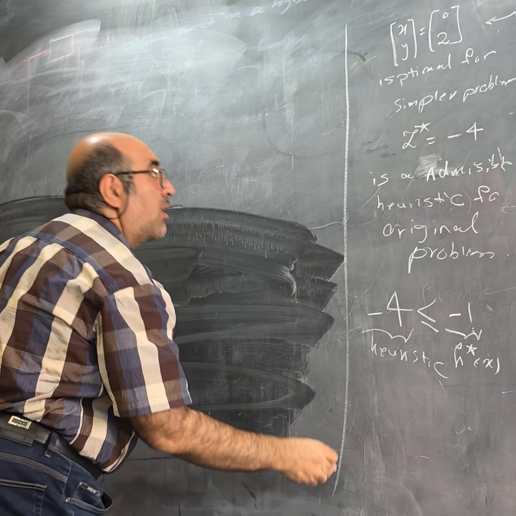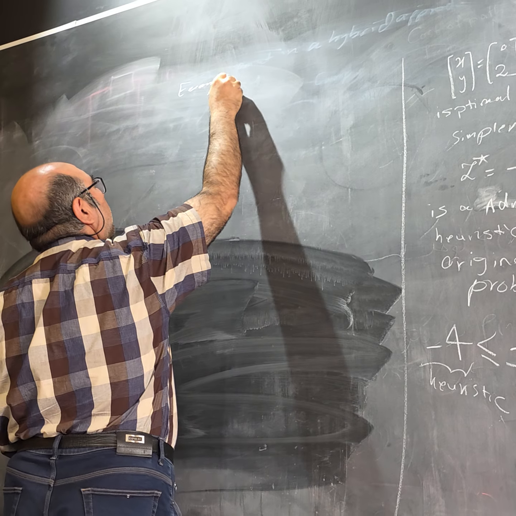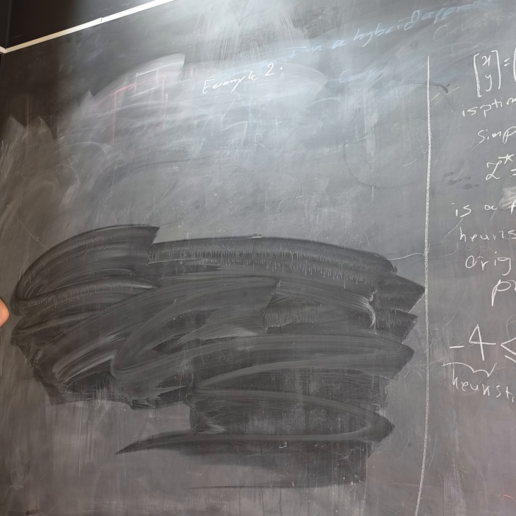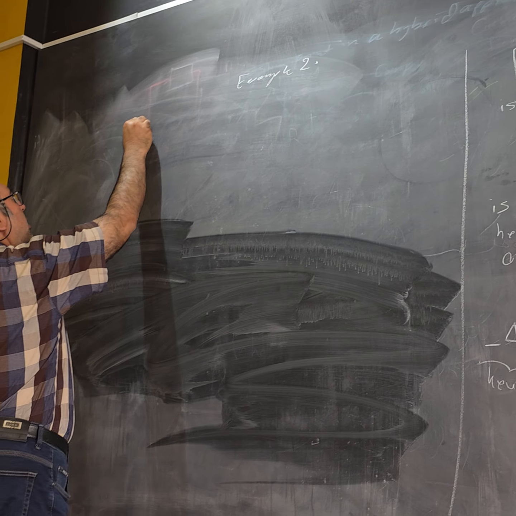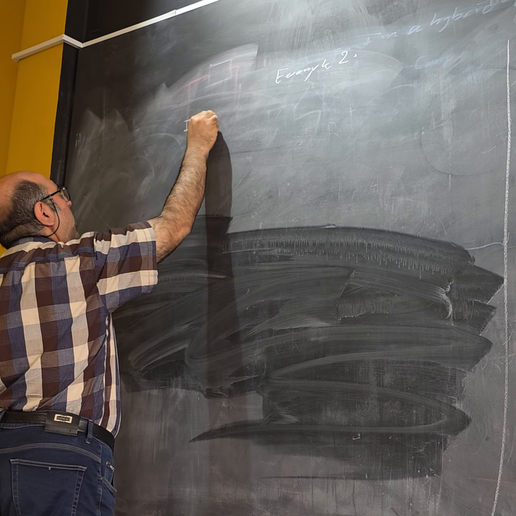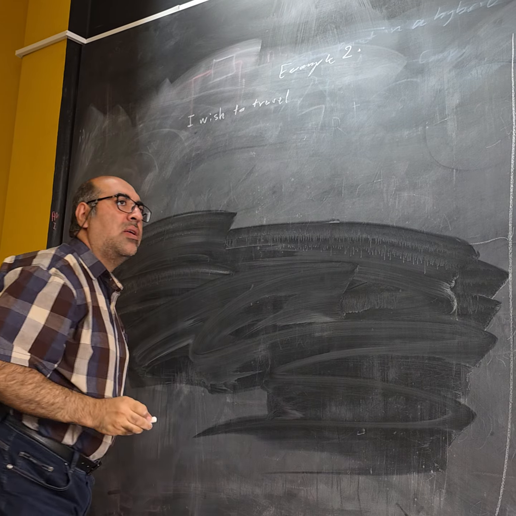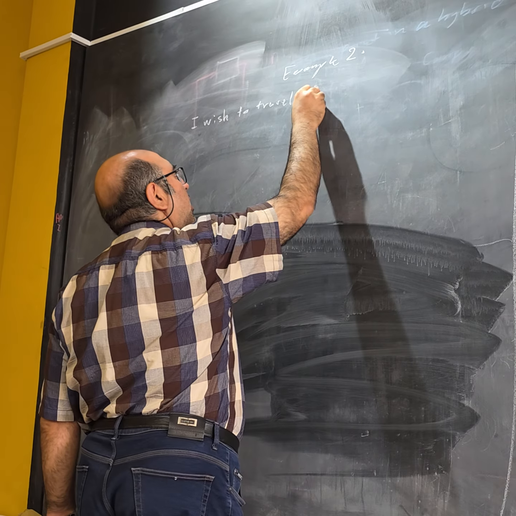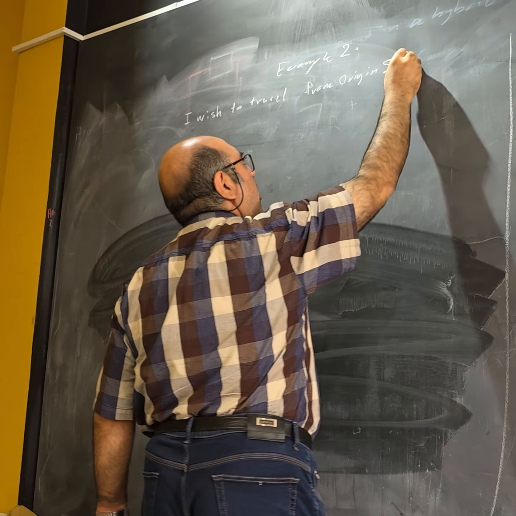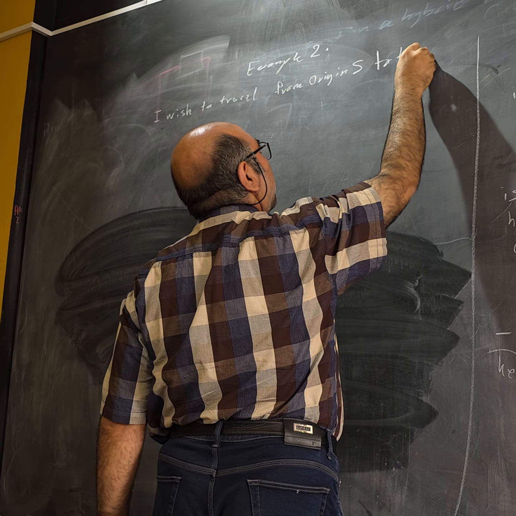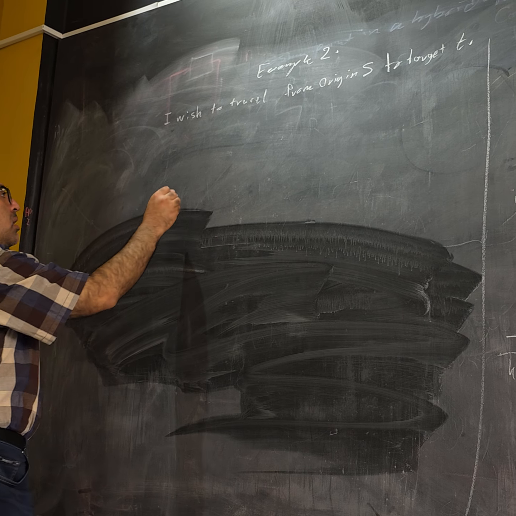Example 2. In this example, I wish to travel from origin S to target T. This is my graph.